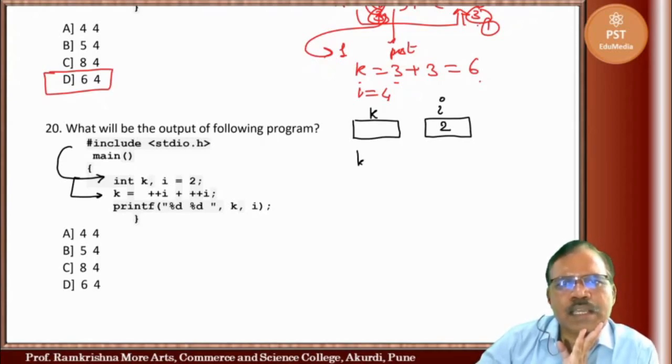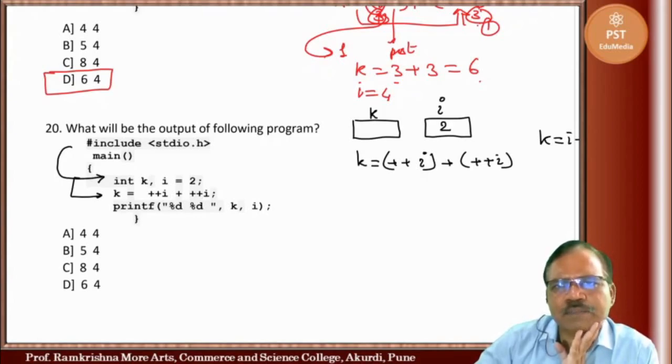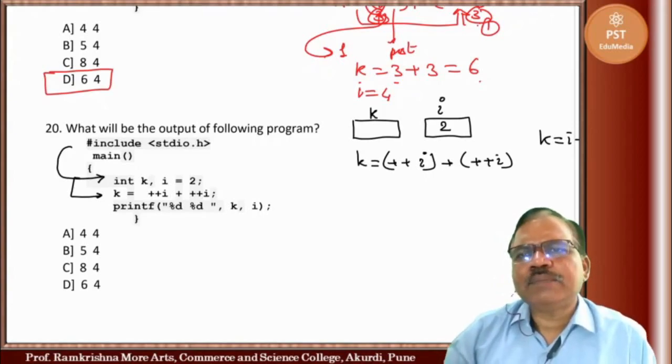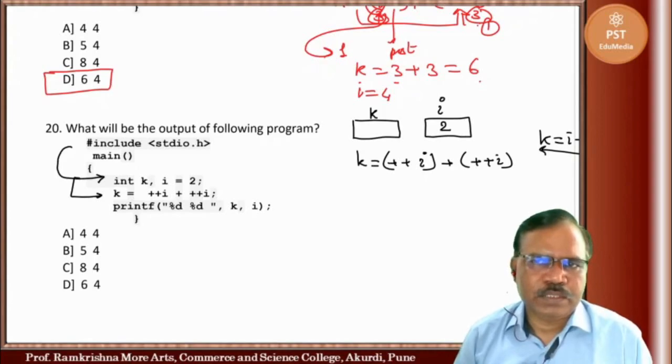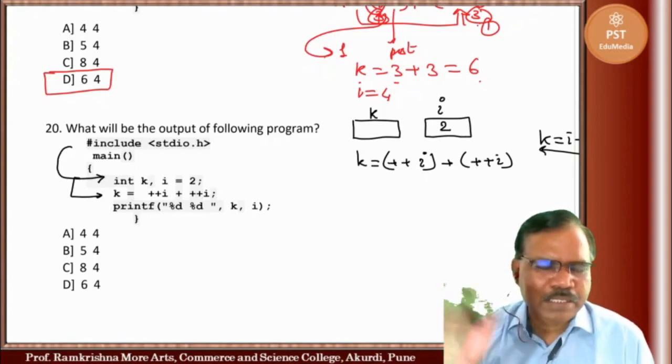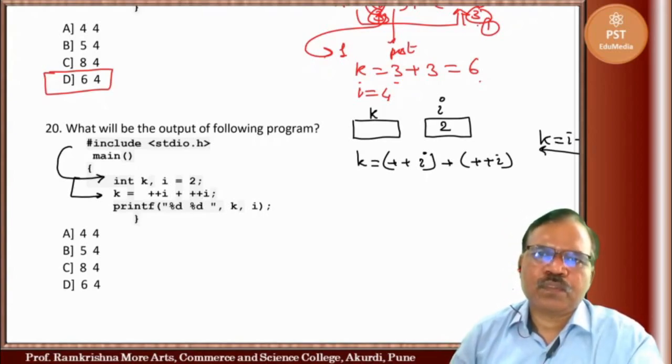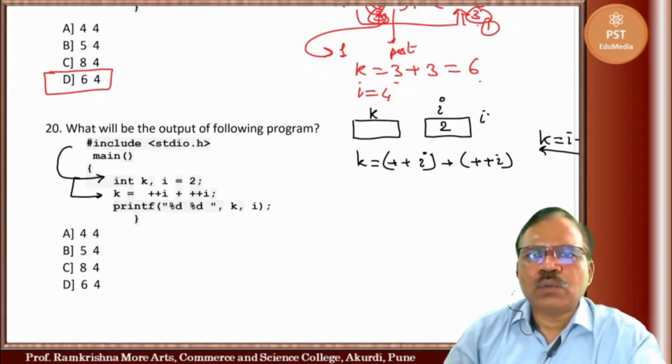So k = ++i + ++i. The actual expression is k equal to i plus i. The expression is evaluated from right to left, so first addition will take place and then assignment. But i has attributes. So here i equal to 2.